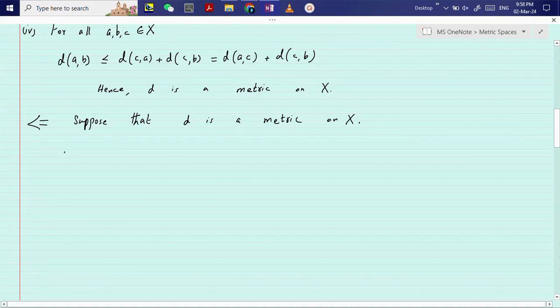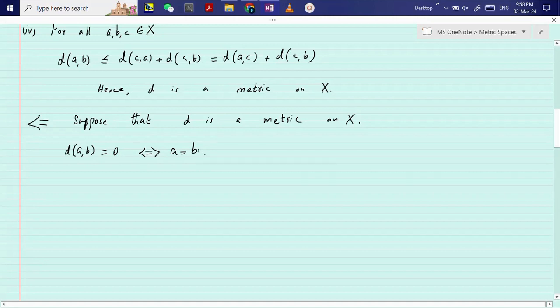Since d is a metric on X, by the property of a metric, we have d of AB equal to 0 if and only if A is equal to B. So the first condition is proved.